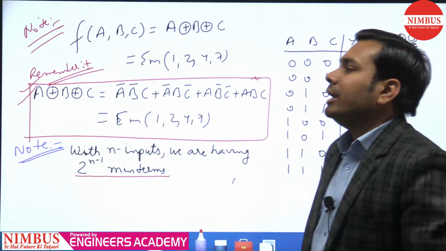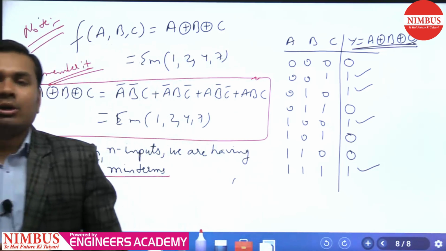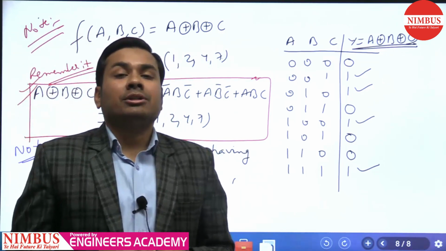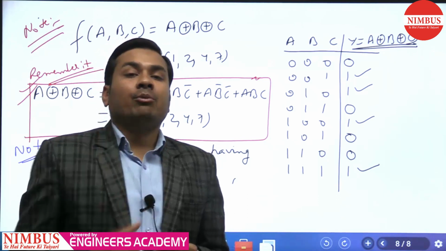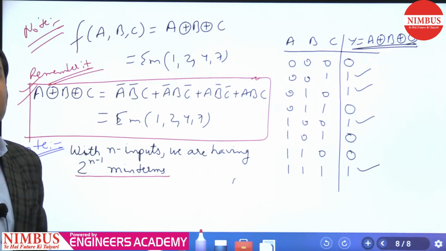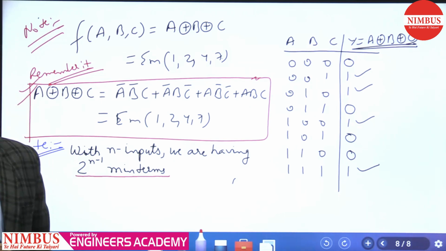If we are talking about A XOR B XOR C XOR D, that means we have 4 inputs. For the 4 inputs, the total number of min terms is 2 raised to 4 minus 1, that is 2 raised to 3, that means 8.